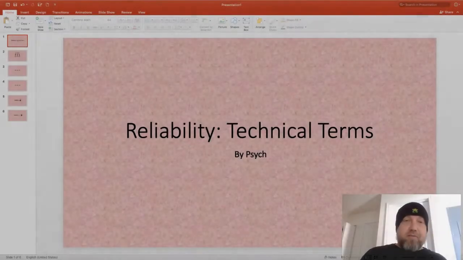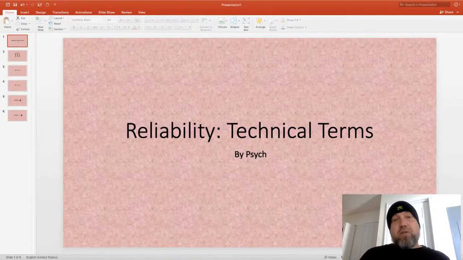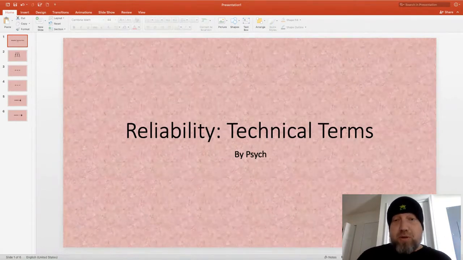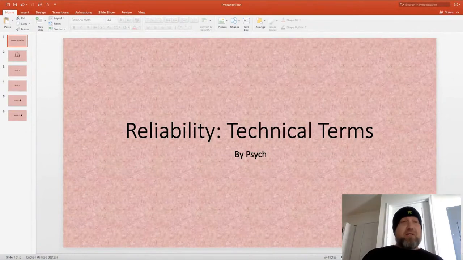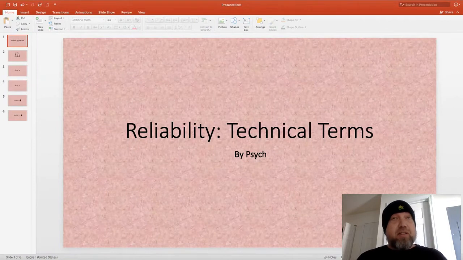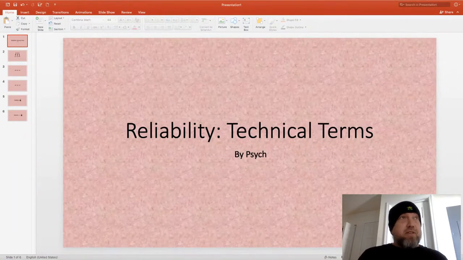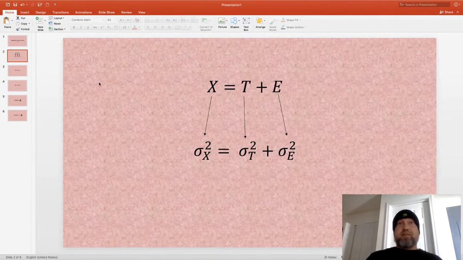Now, in classical test theory, we're often more concerned with populations than we are, let's say, an individual person. So instead of using these terms, let's say that X equals T plus E, we're going to substitute the symbol for variance. So we will see this.